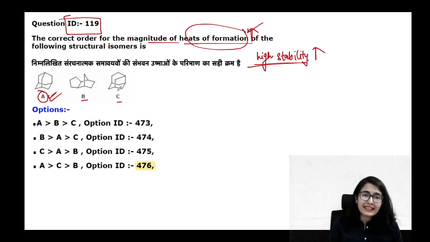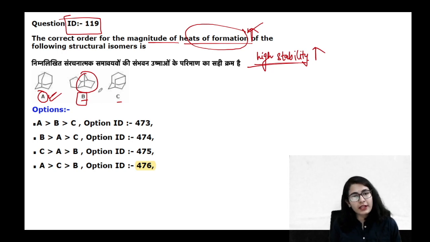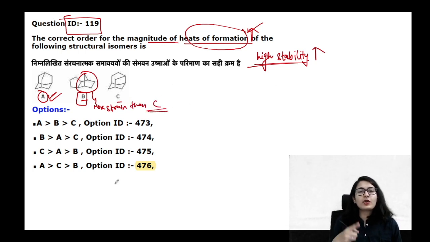In option number C also you will have less strain as compared to B. Here you are having this Norbornene. This is having more strain than C, and that is why the heat of formation or the stability will be less as compared to C. So A is maximum, then C, and then B. This is your correct answer.